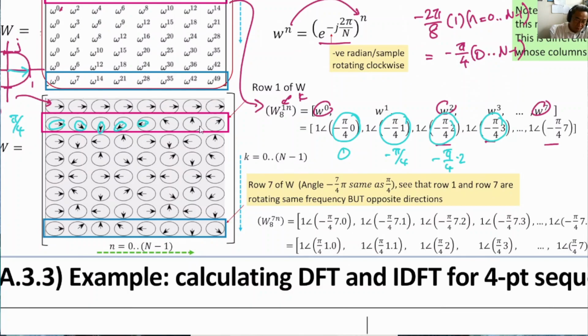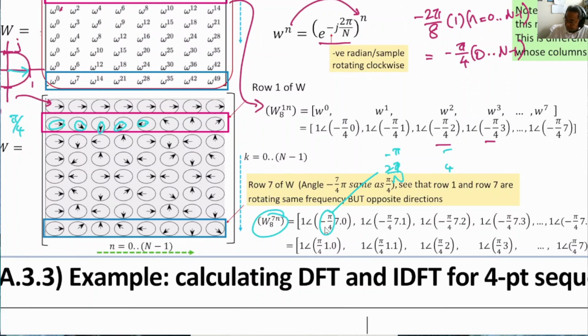Now, I'm going to ask you this question, so pay attention. If I want you to draw W8^7n, then of course you are going to put here the same minus pi over 4, because this is what? This is 2 pi over n. 2 pi over n is equal to pi over 4 here.